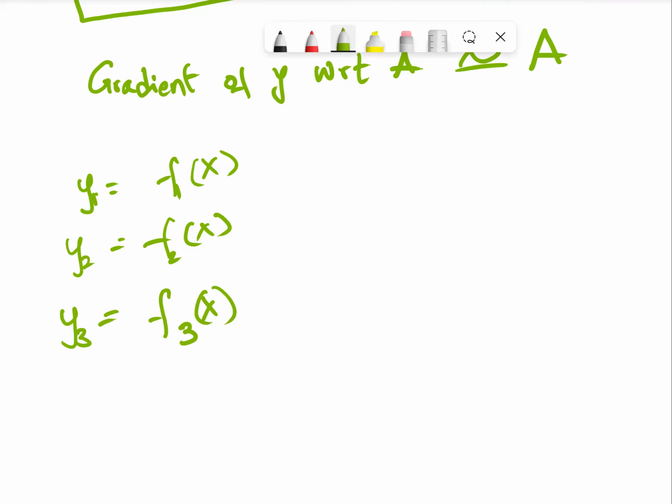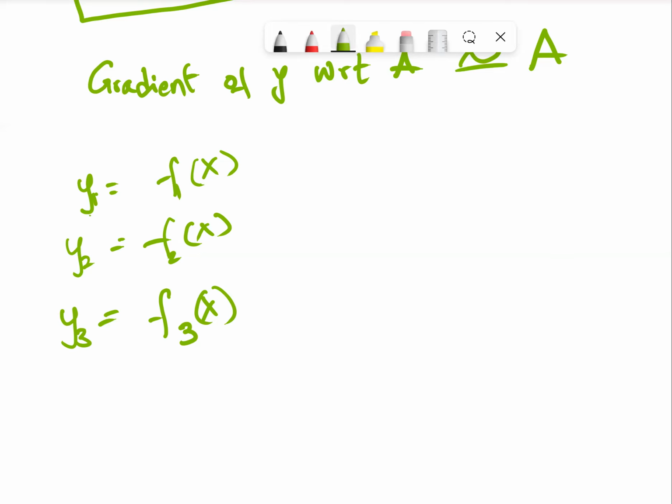Then what is the derivative of y with respect to x? x is a column vector, right? So what will the derivative of y1 with respect to x be? What's the shape?